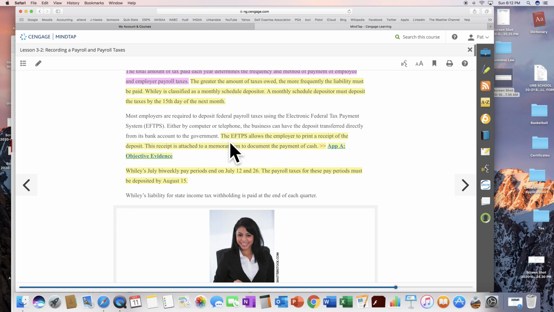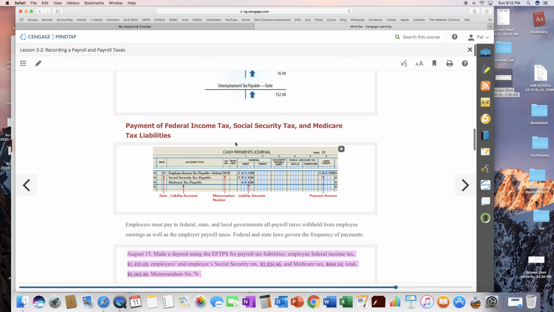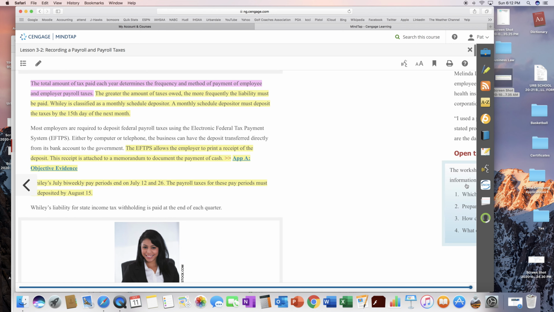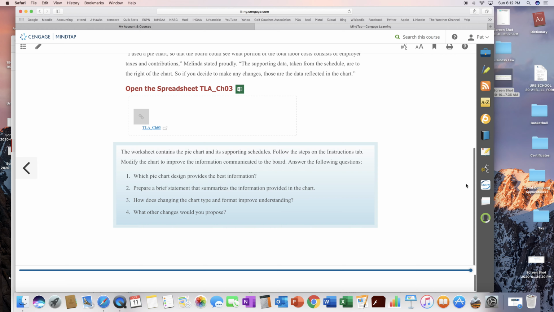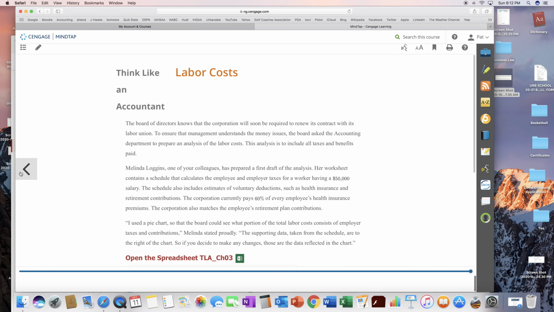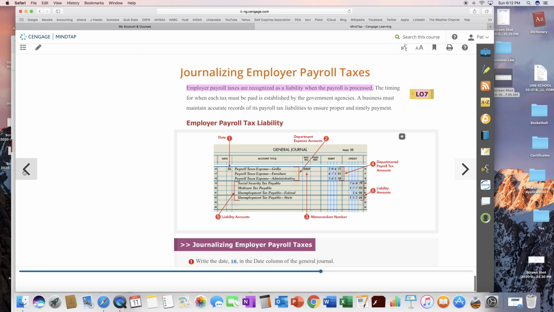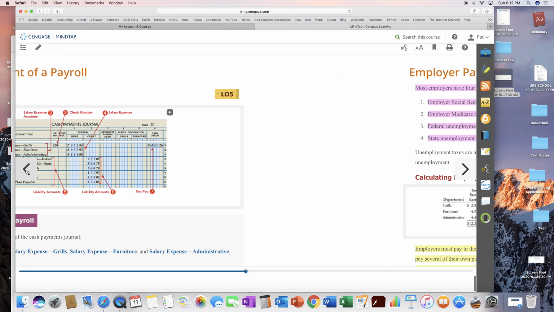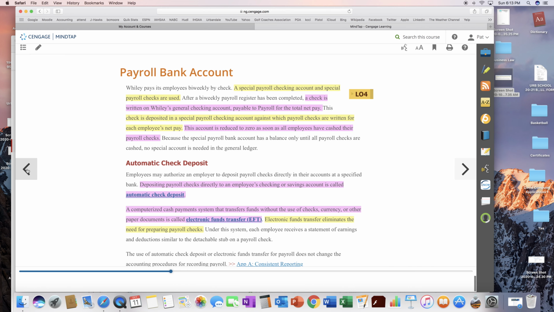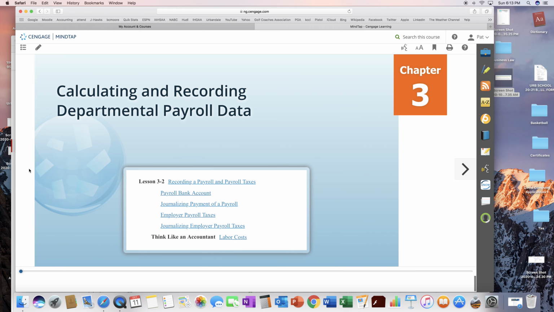So this is just allowing them to pay their taxes with a memo. You know, like, wait a minute, cash credit, like we said, but it's a memo. And that should be it. Take a look at the 2-1 problem, or 3-2 problem. Work Together is there to help you. We walk through it pretty good.